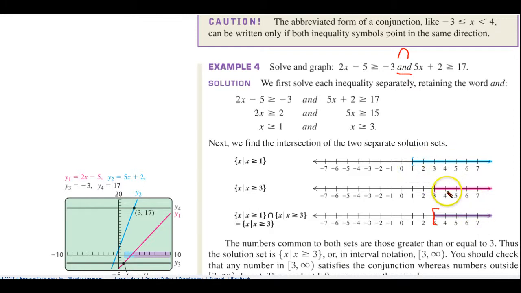These are the individual parts, but we're looking for intersection, and they intersect here. So the symbolization of this would be set builder notation, and intersection with set builder notation is this, the point of intersection. And then here, of course, interval notation is right there.